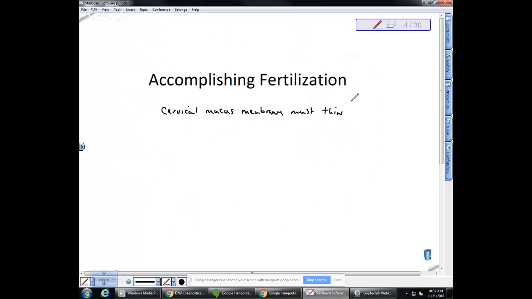High levels of estrogen cause that mucus to become thin enough so that the sperm can actually swim through. So this is accomplished during ovulation by high levels of estrogen. Okay, so this allows the sperm to move up through the cervix and into the uterus.